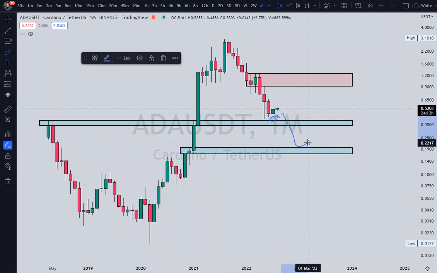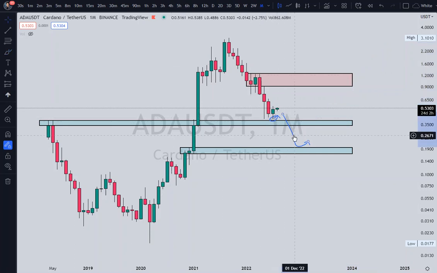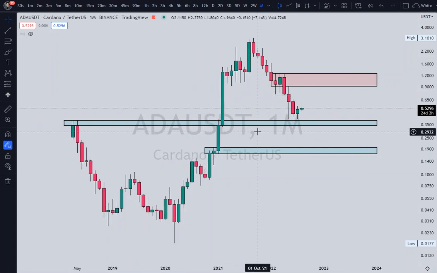Then we can see the next important bull run probably, but I don't know when it can happen. It can happen within a year, within the next 6 months, or I don't know. I have no idea. It depends on the macroeconomic situation. So these are important levels. Try to have these levels on your chart and trade based on these levels.